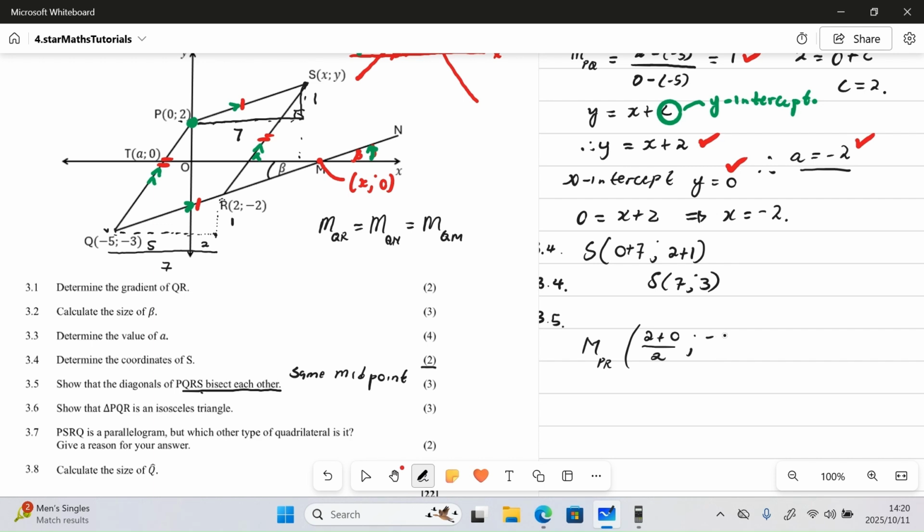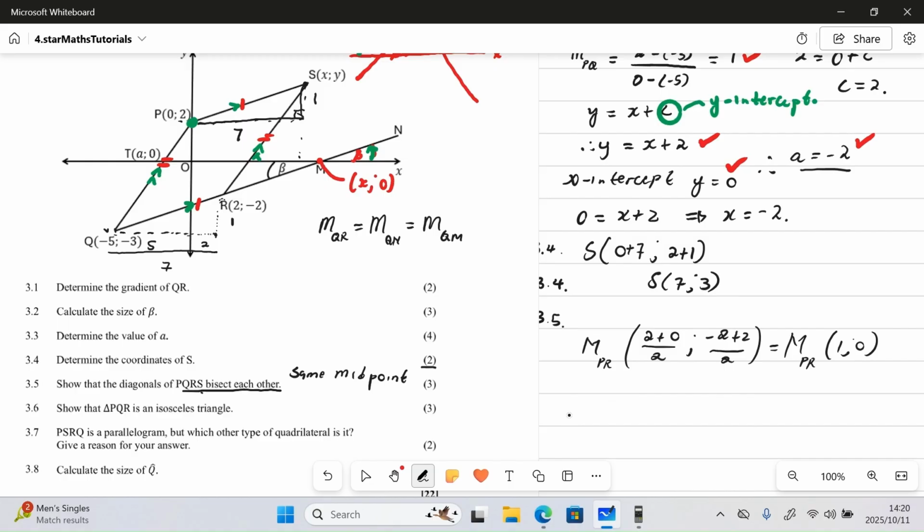Y at R is minus 2, y at P is 2, over 2. Then what is the midpoint? The midpoint of PR is equal to (1, 0).